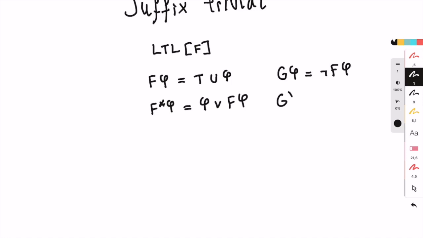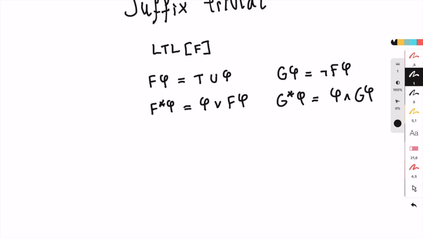And the globally star, which means, well, now and in all strictly future positions. Since all of these are defined in terms of F, I would just call the logic LTLF.